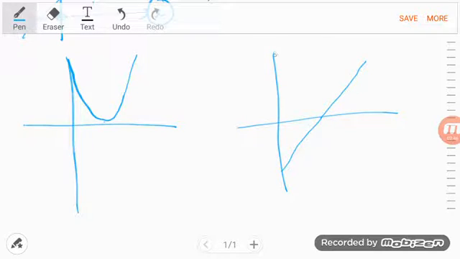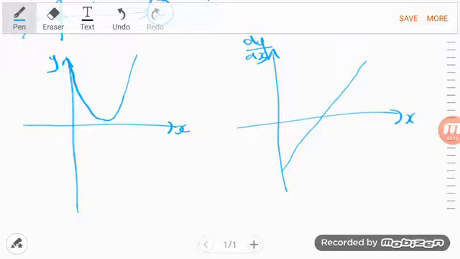So when we sketch it, let's just change that, dy dx. That would be y, that would be x. Okay, so when we sketch it, our line ends up being a straight line.